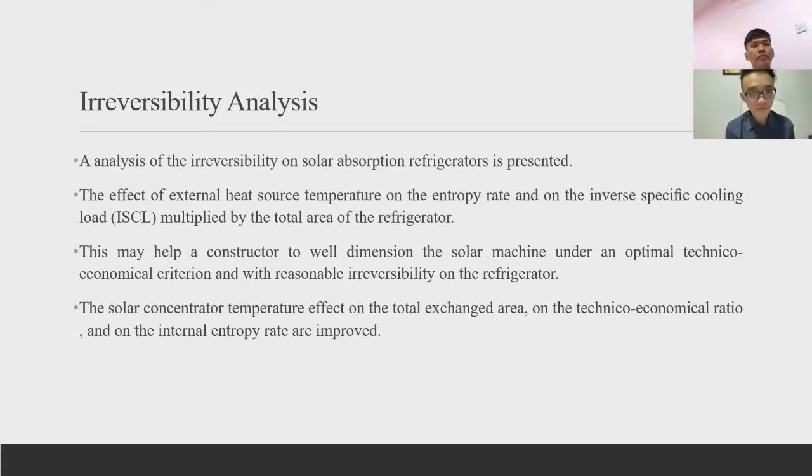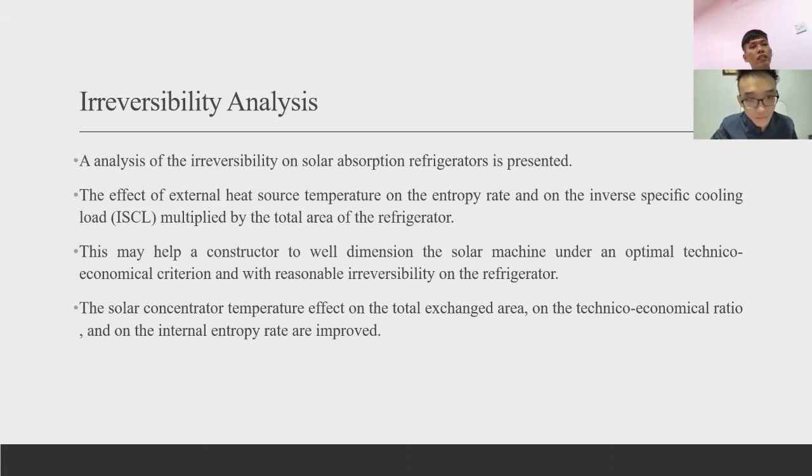Now we will talk about the irreversibility analysis. The analysis of irreversibility on a solar absorption refrigerator is presented. The effect of external heat source temperature on the entropy rate and on the inverse specific cooling loss, ISCL, multiplied by the total area of the refrigerator.